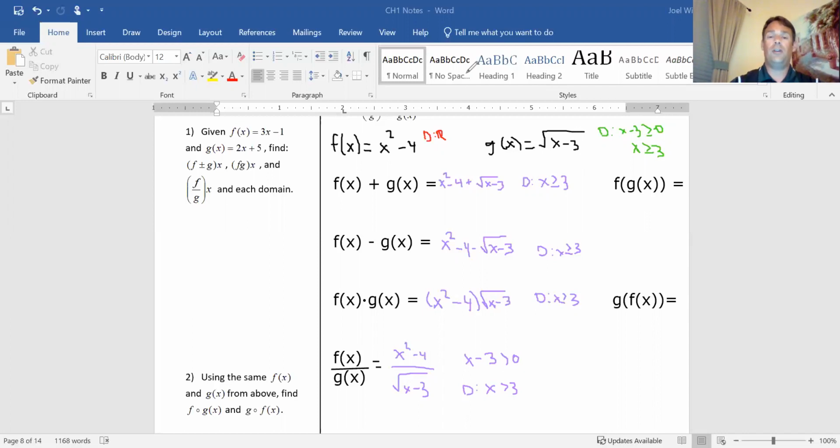Let's do a little f of g of x here for a second. Start with my f function, my outside function. So we have this x squared minus 4, and I plug in my square root of x minus 3 in for the x.